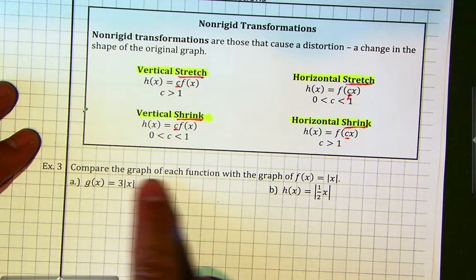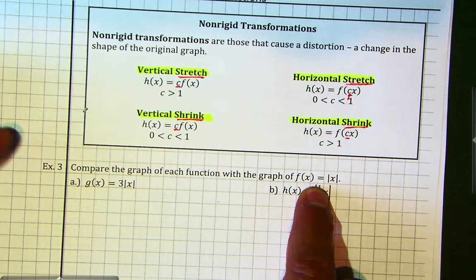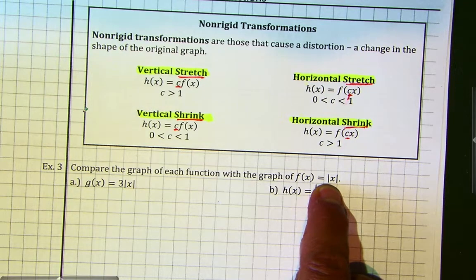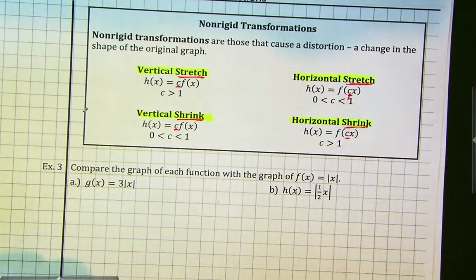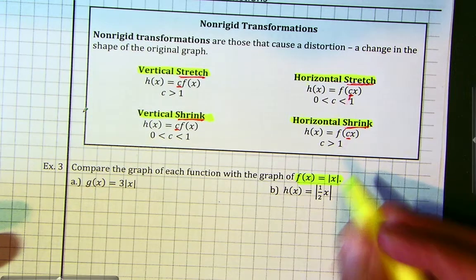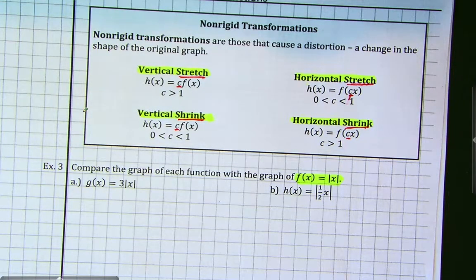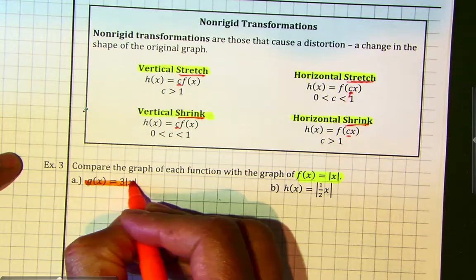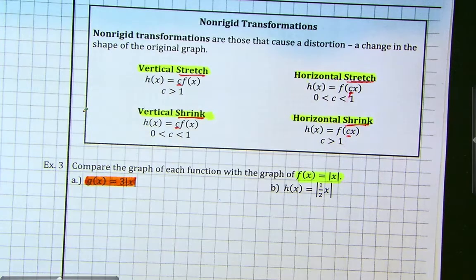Compare the graph of each function with the graph of f of x equals absolute value of x, which is your parent graph, the most basic graph of an absolute value. And I need to be able to graph g of x, which is equal to 3 times the absolute value of x.